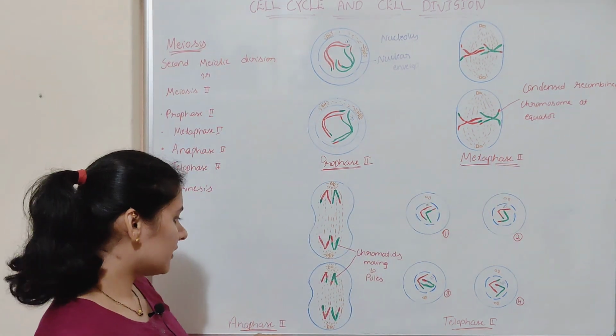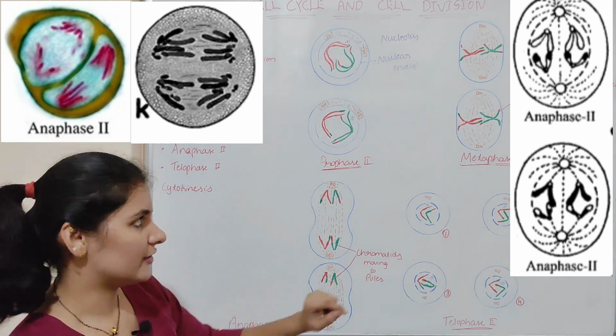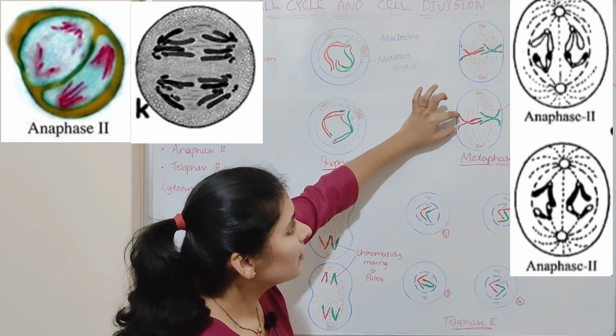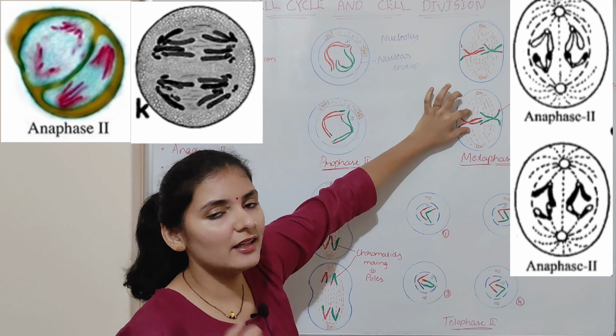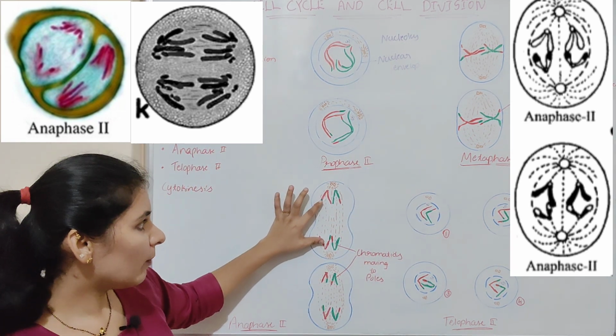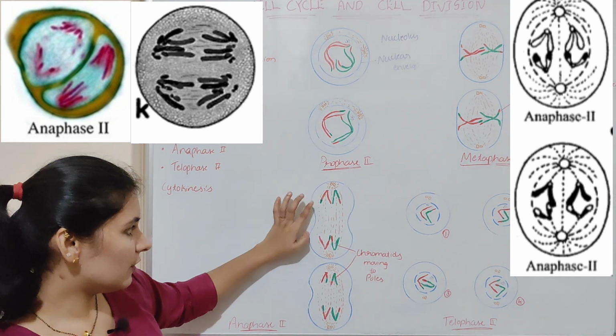Next stage is Anaphase II. In the Anaphase II, the splitting of the centromere takes place, due to which the sister chromatids of each chromosome will separate because of breaking of the centromere. And these separated chromatids now move away from each other and they start to move towards different poles.